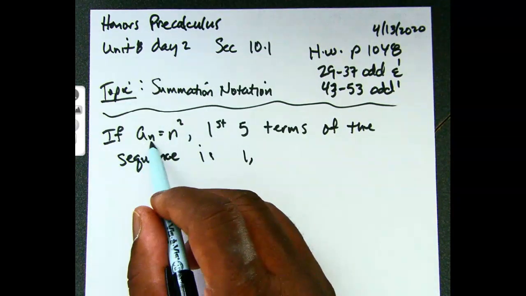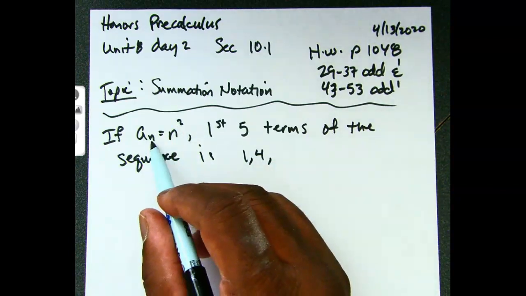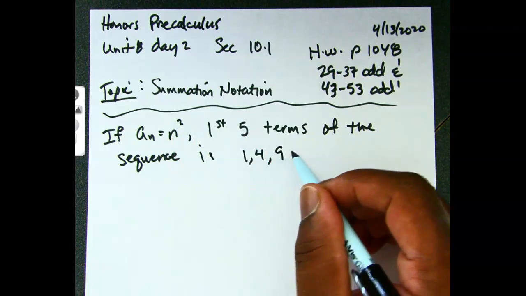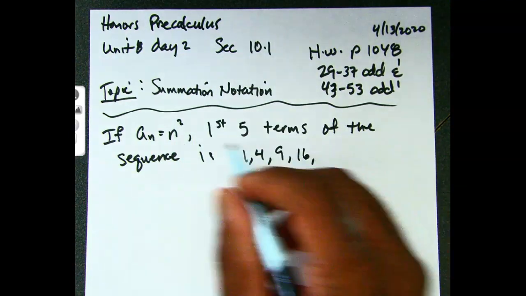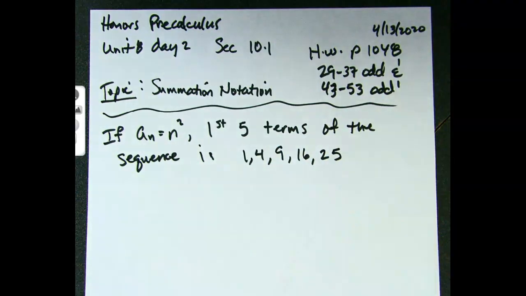A sub 2, when n is 2, 2 squared is 4. A sub 3, when n is 3, you're going to get 3 squared, which is 9. A sub 4, 16. And a sub 5, 5 squared is 25. So that would give us the first 5 terms.